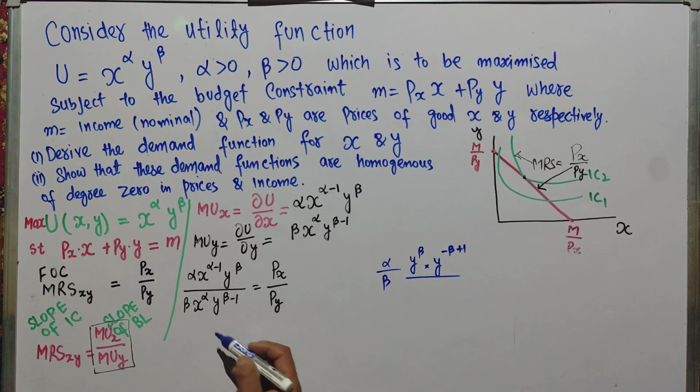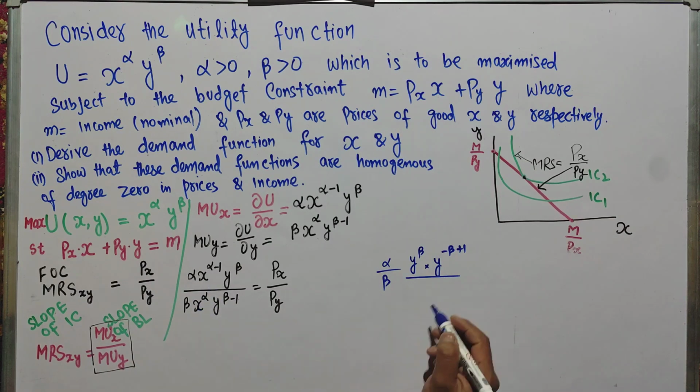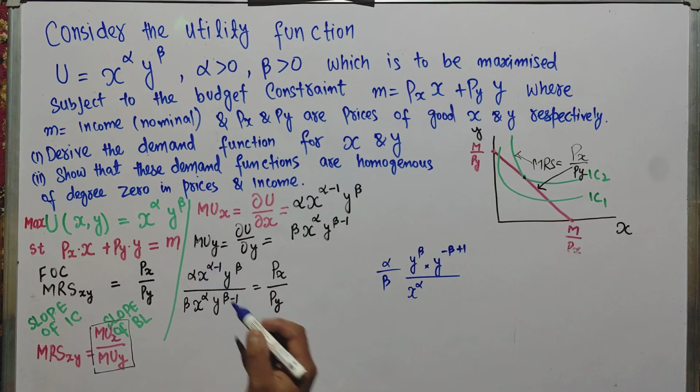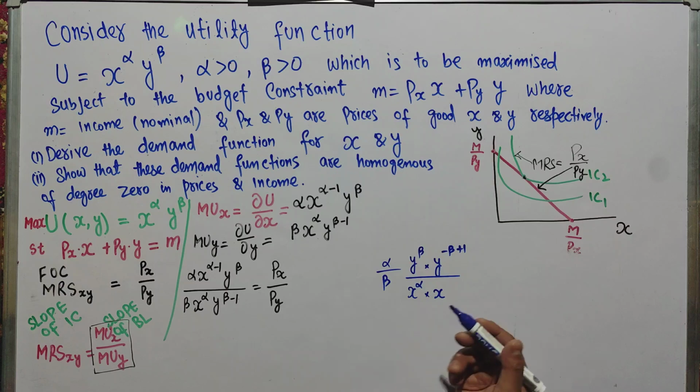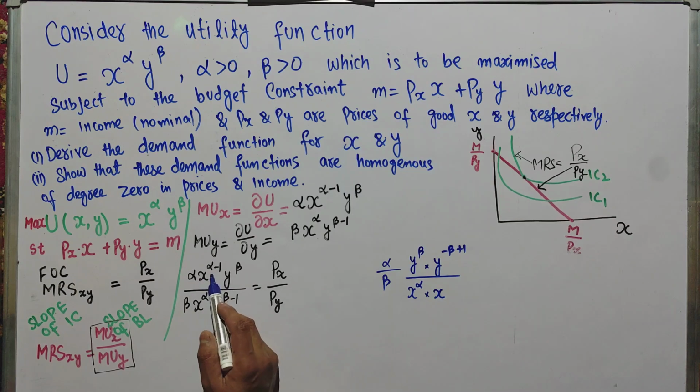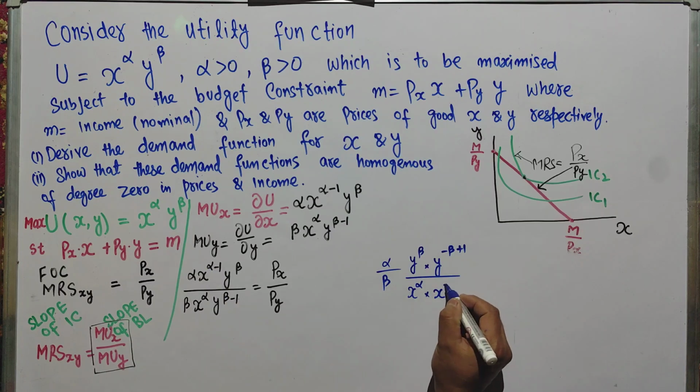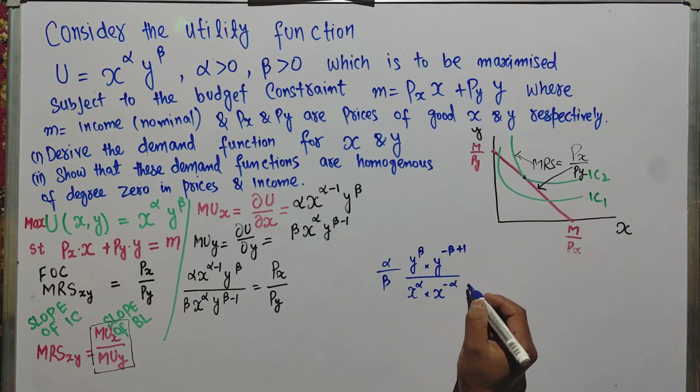And then I write x to the power alpha, and I transpose this term x to the power alpha minus 1 to the denominator. So obviously it will get multiplied, but the exponent signs will change. If it is plus alpha, it will become minus alpha. If it is minus 1, it will become plus 1. Okay, I am just trying to solve this here.